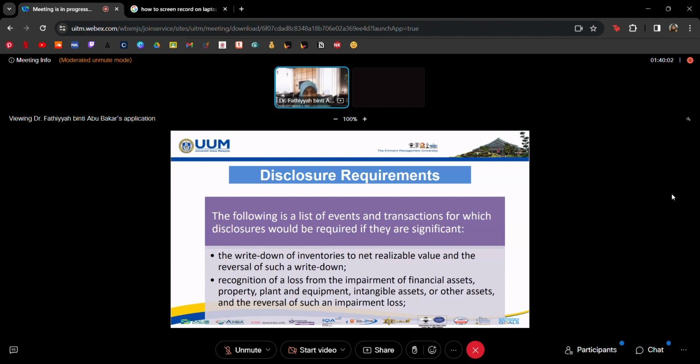So I list also some of the events and transactions that you have to disclose in the interim report. Such as you write down some of the inventories, and if the value increases, you have to reverse the value, so you have to show also. Any recognition of loss from the impairment of financial assets, PPE, intangible and other assets, and any reversal, you have to disclose.